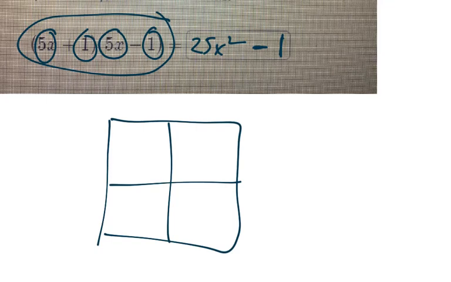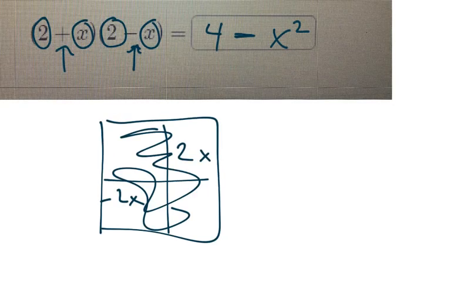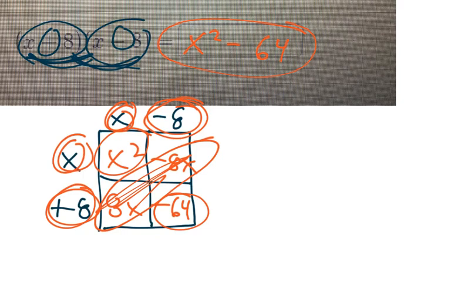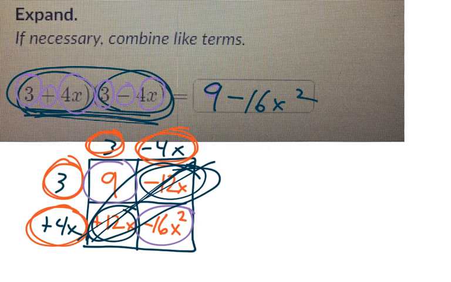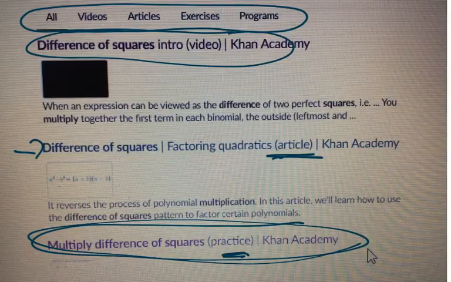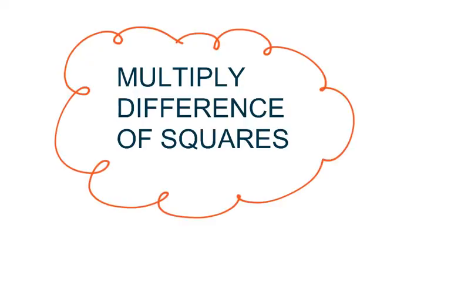But again, I could have done all this work down here, but to save a little bit of time, I didn't do it because I didn't need to. Now, this is a special case, guys. It only works when both sets of variables or terms are the same. One is a plus, one is a minus. The middle terms cancel out, in other words. And that, guys, is a difference of two squares.